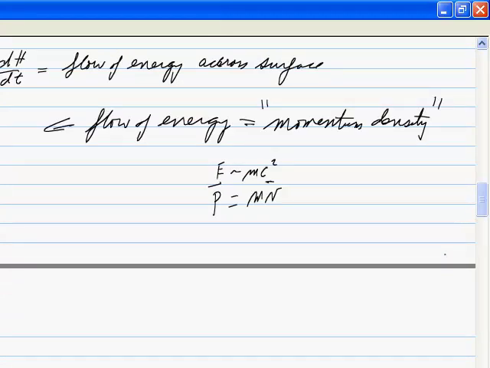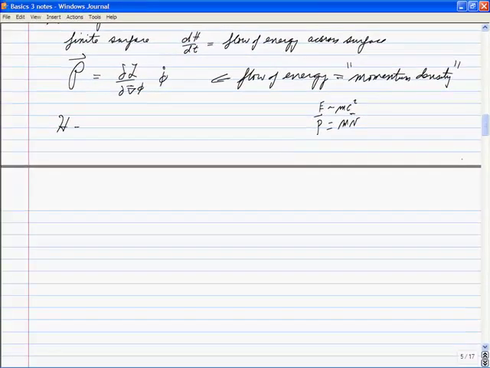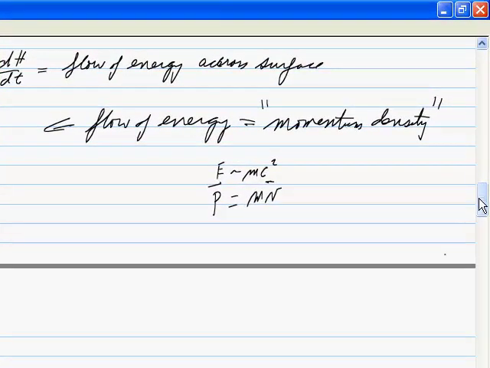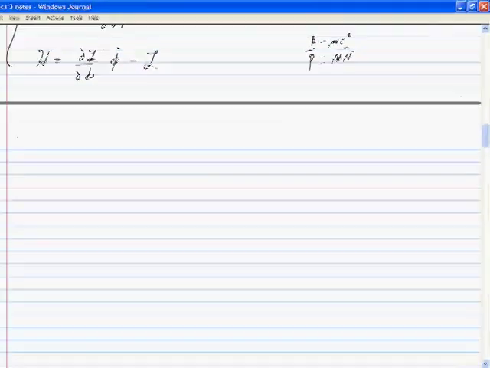So let me just put here the Hamiltonian density. The Hamiltonian density was dL d phi dot times phi dot minus the Lagrangian. And this pair then gives us the energy density and the momentum density in field theory. There's a differential conservation law.